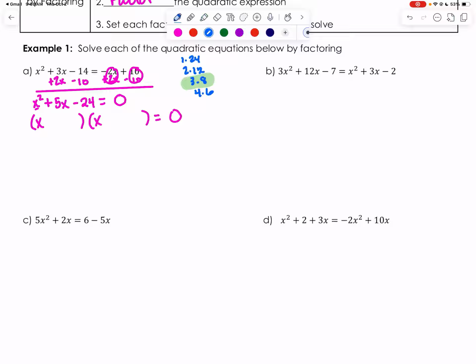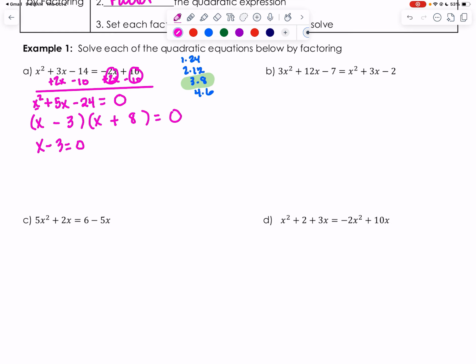Okay, so I'll put the 3 here. Oops, I wanted to put that in pink. I'll put the 3 here and the 8 here. Now, we need the 5 to be positive, so I want to make the larger factor 8 positive and the smaller factor negative. All right. Now, step 3, set each of these factors equal to 0 and solve them individually.